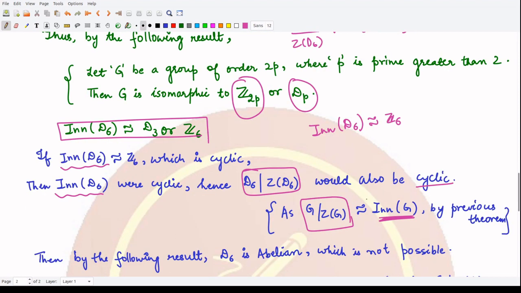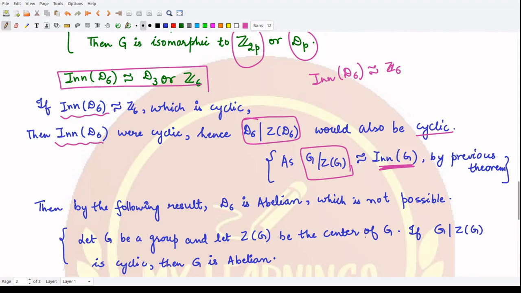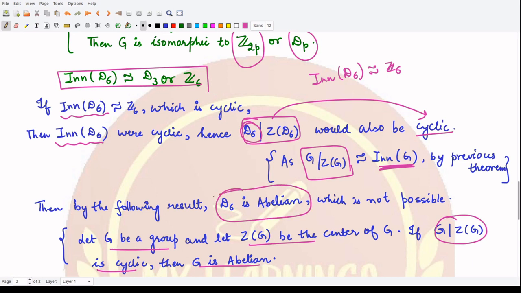If this is cyclic, then again by the result that we have studied for a group and its center, that if the factor group constructed by this center is cyclic, then G is abelian, right? Now we are saying this is cyclic, so that means D6 should be abelian. So we are saying D6 is abelian according to this result.